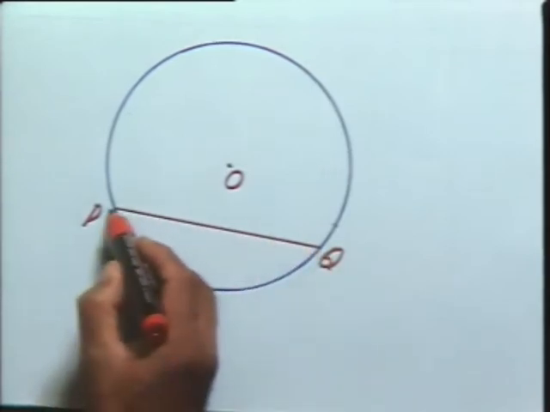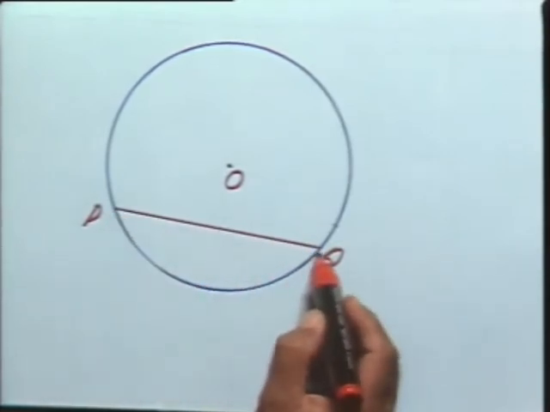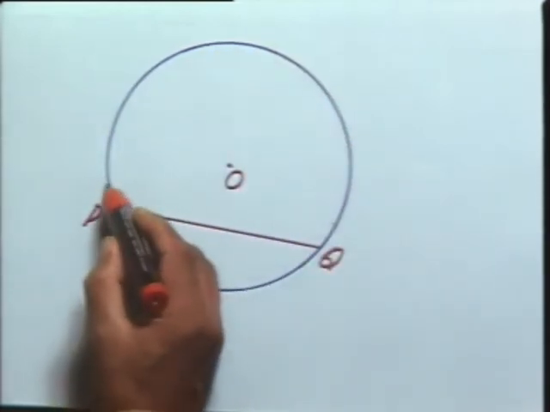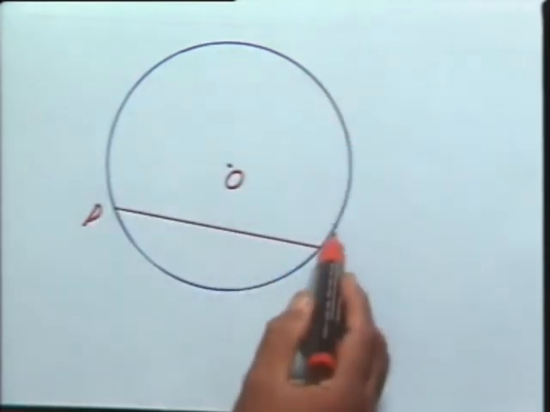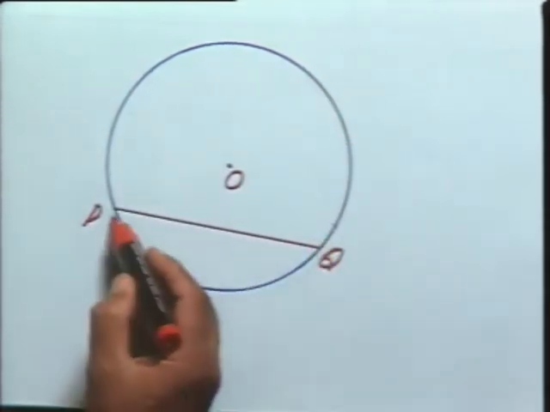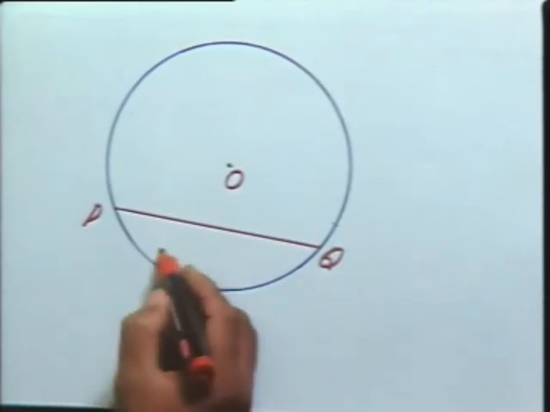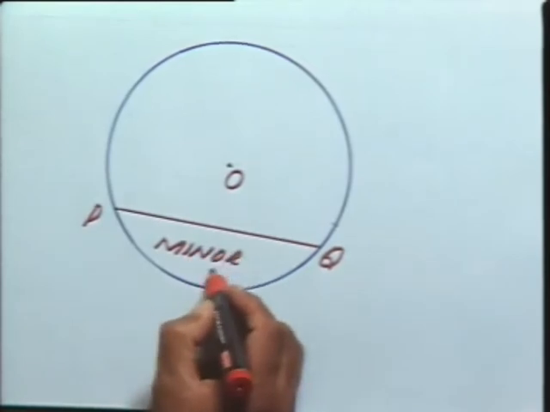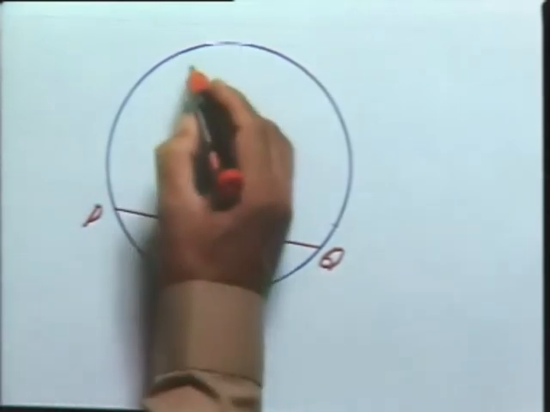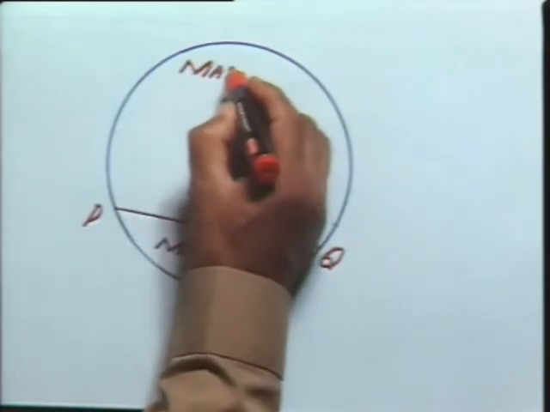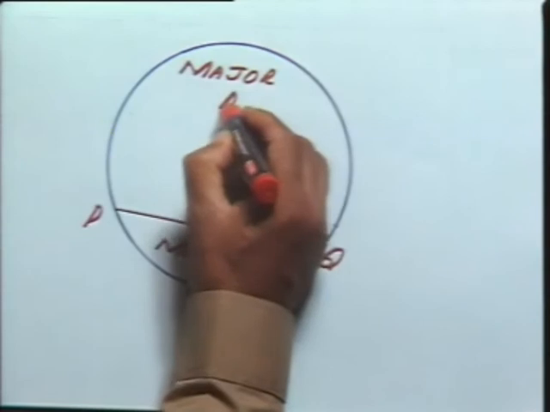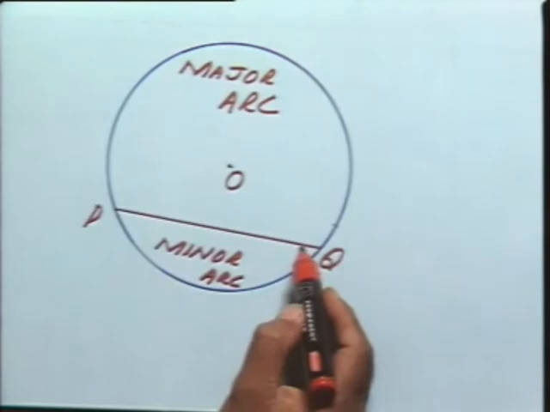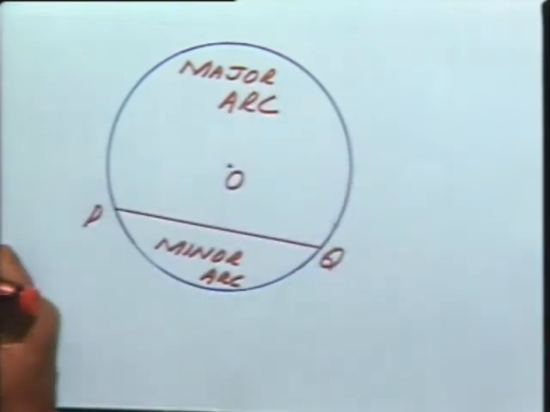Now, this is giving us this part of the circle, we call this an arc, we call this also an arc. Clearly, this arc is longer than this one, we call this arc the minor arc, and this the major arc. So, a circle gives us two arcs, one is minor, one is major.